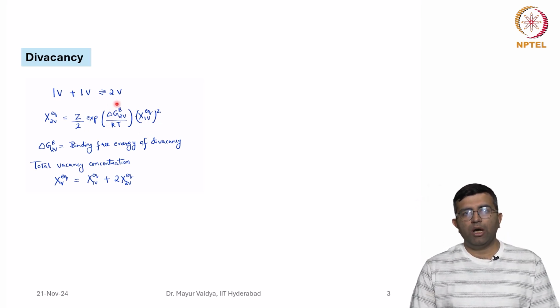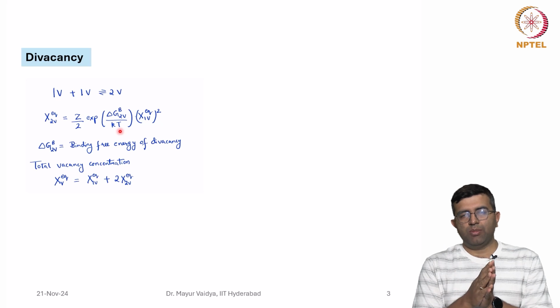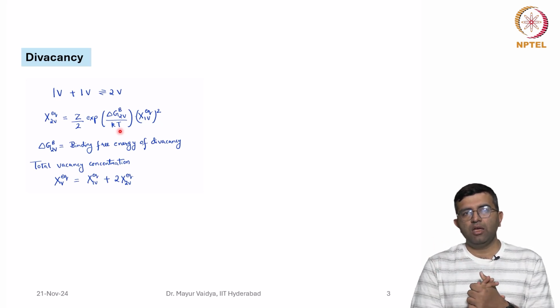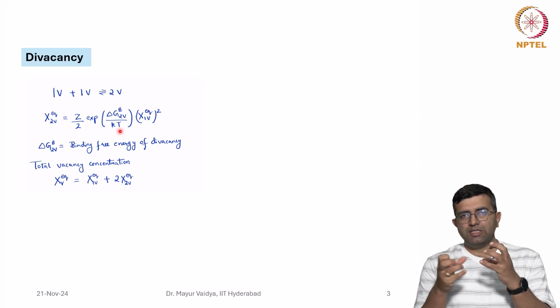You may be wondering why this delta G term is coming as positive. This is because this is the free energy which is actually favorable for divacancy formation. Usually you have to supply an activation barrier, let's say if you want to form a mono vacancy. But in the case of divacancy, there is an additional term.